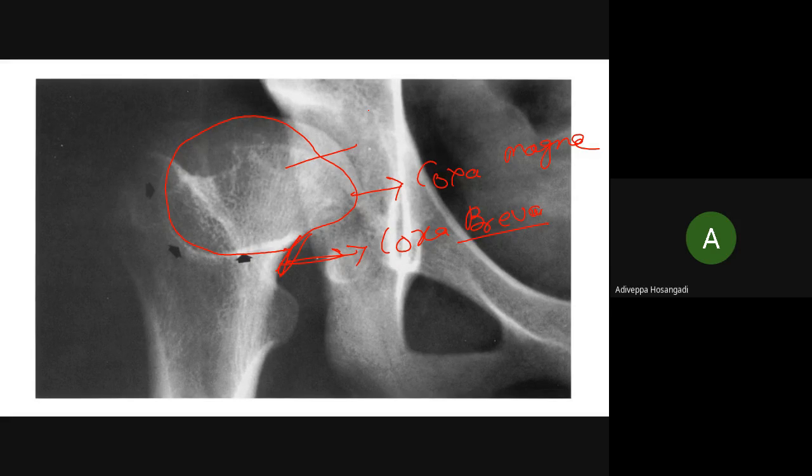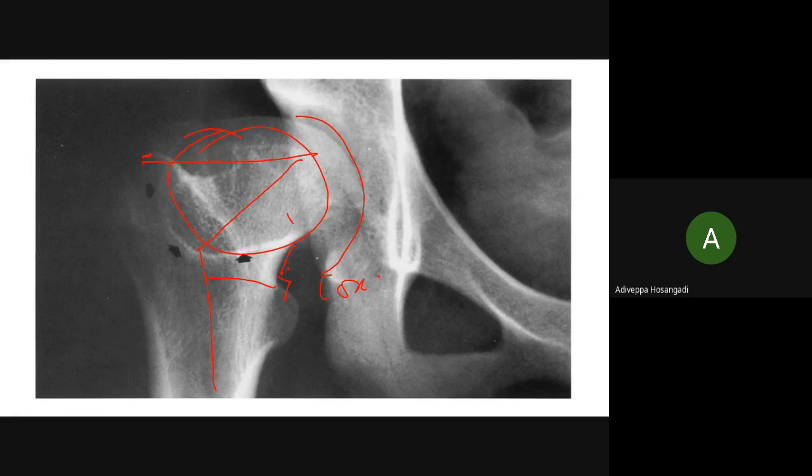For example, if you are given this X-ray, for sure it is outside the acetabulum. It is almost subluxated, and the head is malformed. The neck is short. Look at the tip of the trochanter, which is higher, and the neck shaft angle is coxa vara. Coxa vara means the hip is in varus.